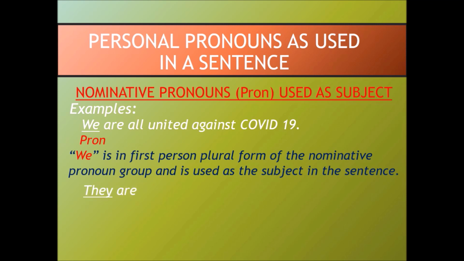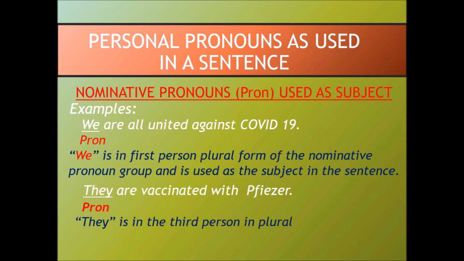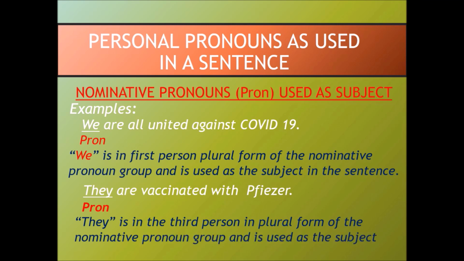The second one is they are vaccinated with Pfizer. They is the pronoun, and they is in the third person plural form of the nominative pronoun group and is used as the subject in the sentence.